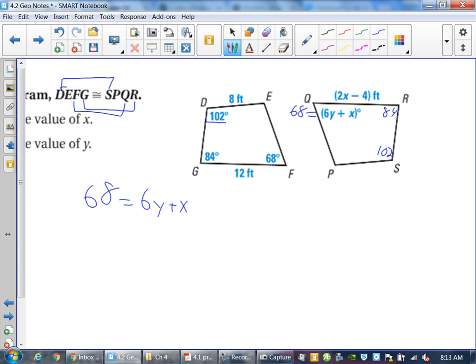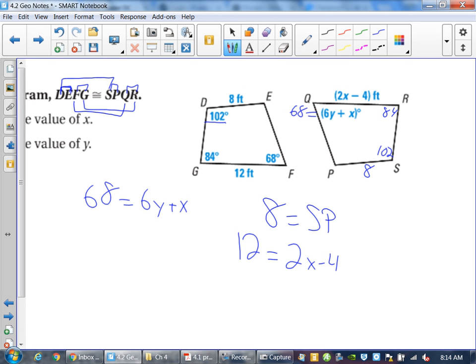So DE is the first two letters, which means it matches up with SP. So DE is 8, SP is 8. Well, that's not helping me yet. GF, going right to left, is RQ. So 12 is 2x minus 4.